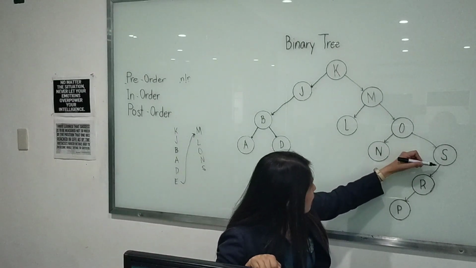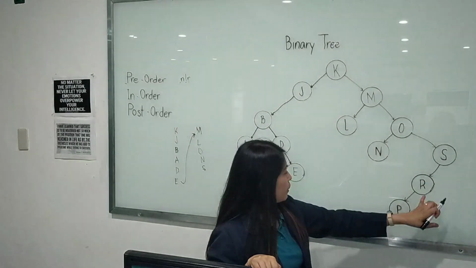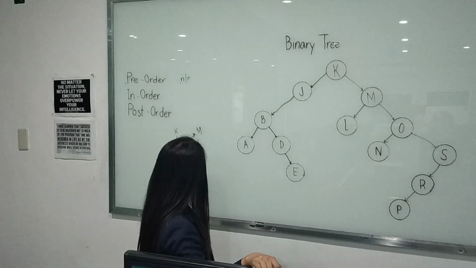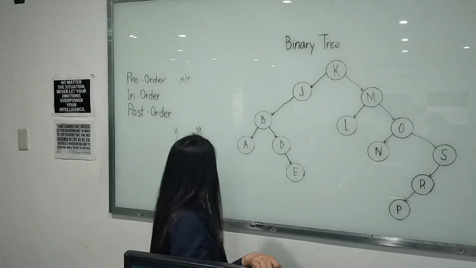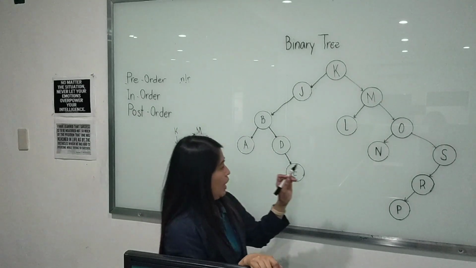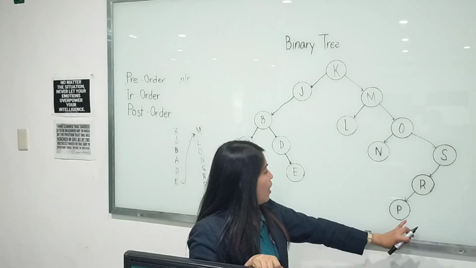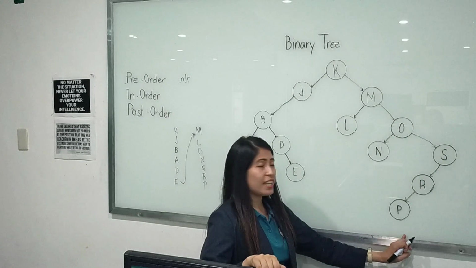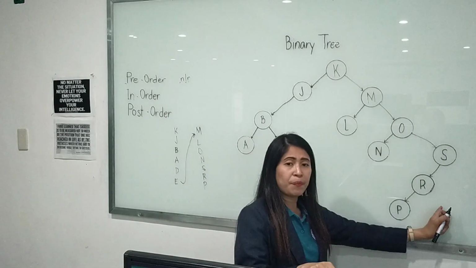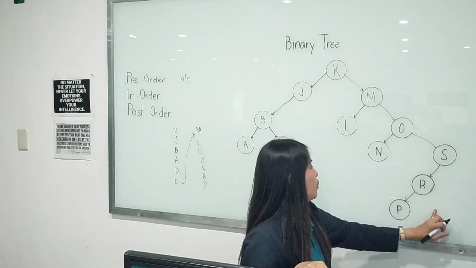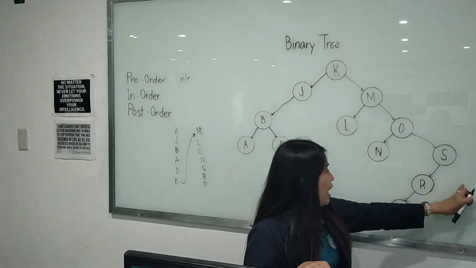So the policy again, so we will go to the left. So we will visit the left, so we will go down to R. And then we will go down to P. And after that, we will visit the left again, so base case, and the right subtree of the P, base case again, so it means we will go back to the R, and then we will visit now the right subtree of the R. Base case again, since there's nothing to do, so we will go back to the S and then base case again.